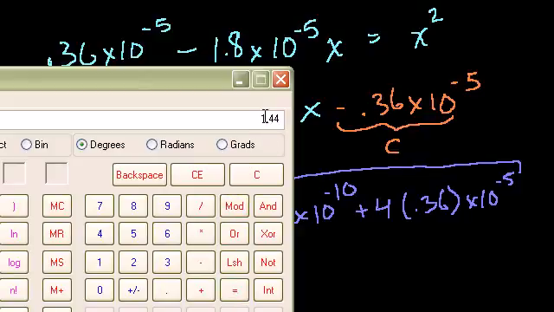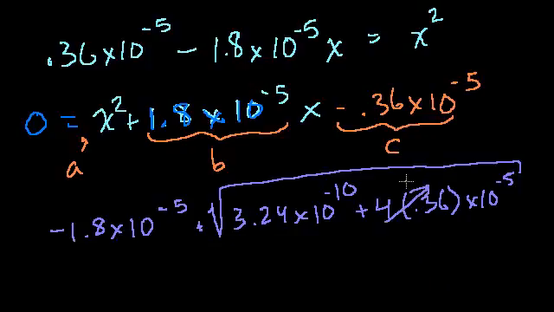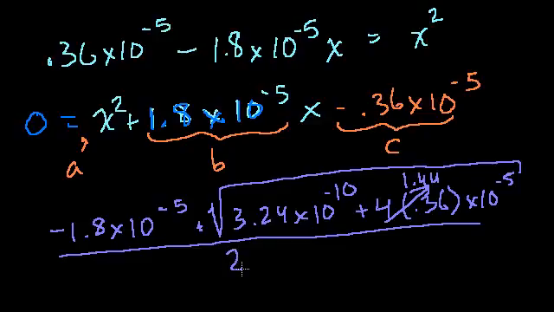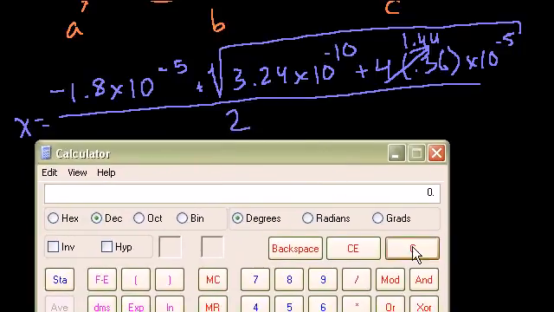Now you have 1.44 e minus 5, so let me write that. So this is 1.44. And of course, all of this is over 2a. These are going to be my x value, my concentration of OH. So let's see. I have 3.24 times 10 to the minus 10.